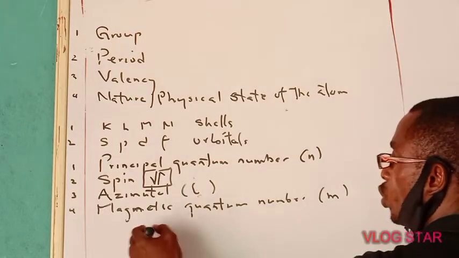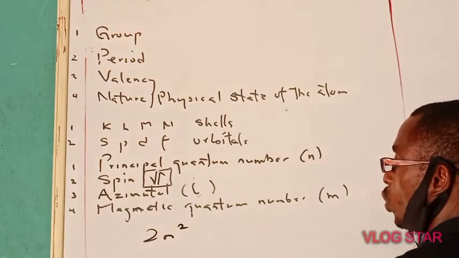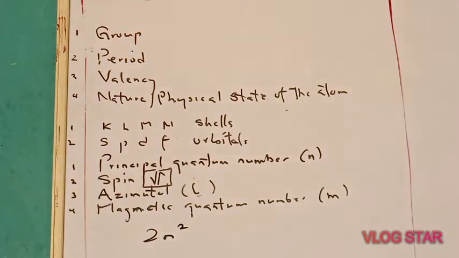The formula is 2n raised to the power 2, where n is the number of position of the shell in the atom.